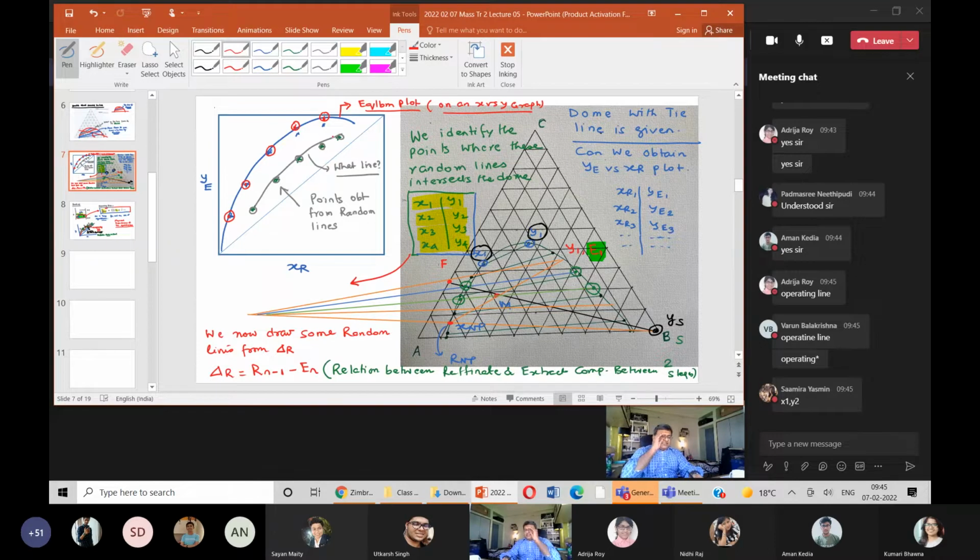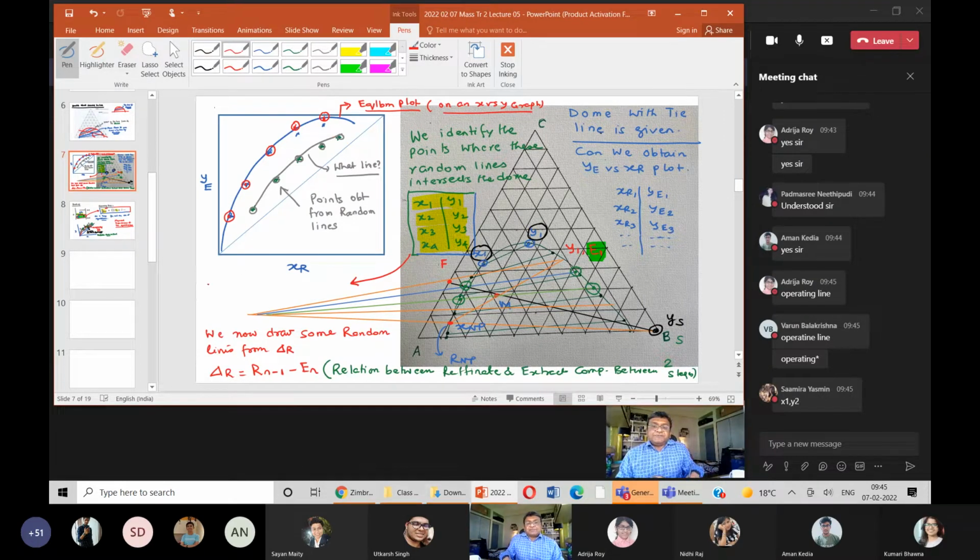One can say in very simple terms that this is actually the relation between the extract and the raffinate phase between the two stages.